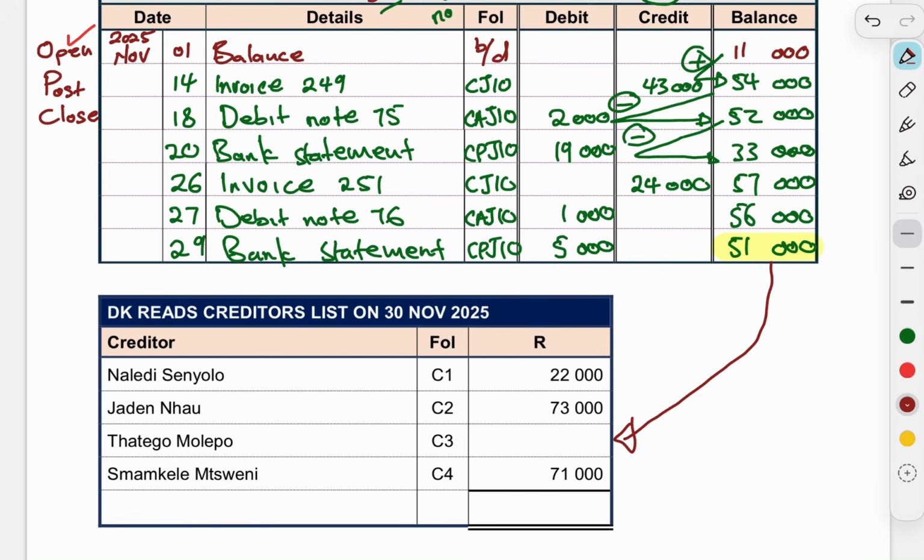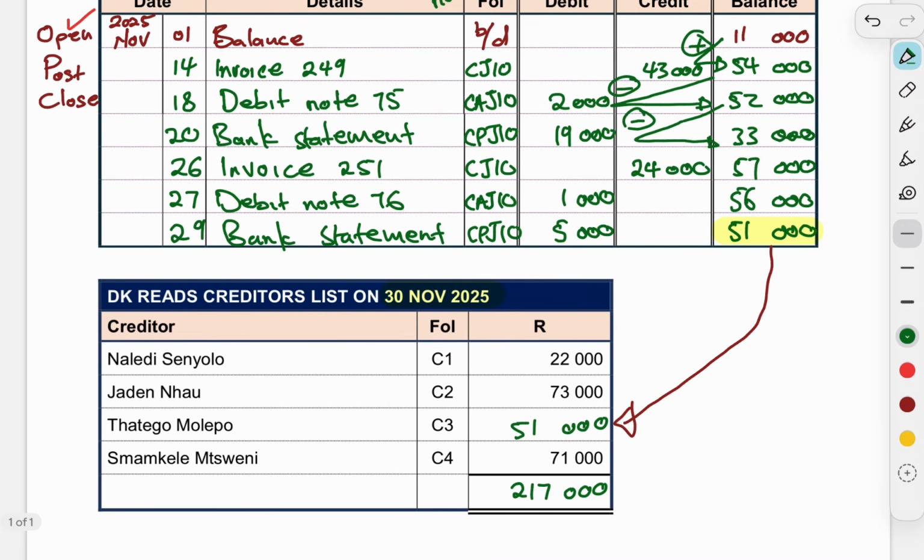At the end of November, we owe Tatego Molepo 51K. So what is the total amount of all the creditors at the end of the month? How much do we owe all our creditors? If you add up all the balances for each and every creditor, you should have 217,000 rands. So you are done with the creditors ledger, you are done with the creditors list.